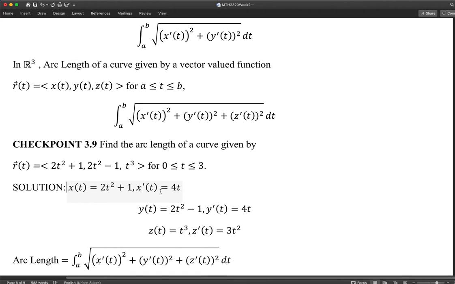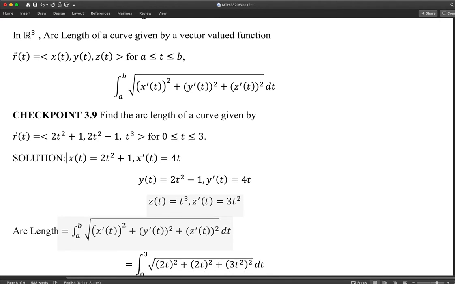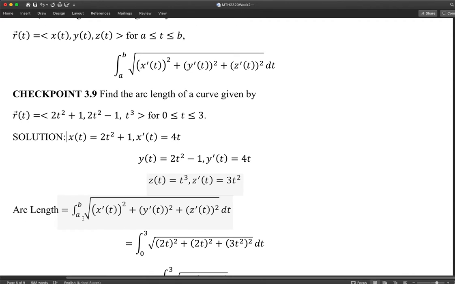So x prime is 4t, and y prime actually turns out to be 4t again. Then z prime is 3t squared. Using the arc length formula, this is the integral we should consider. I already calculated the derivative of each, so I copy down this integral, with t changing from 0 to 3.